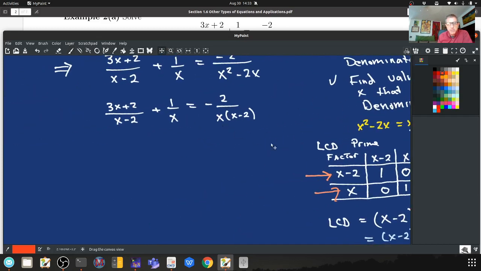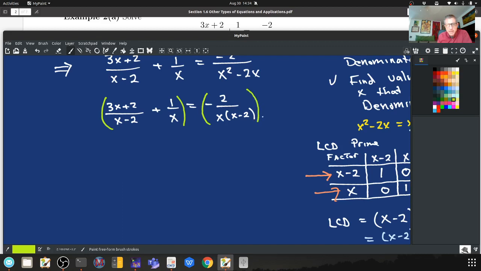So what we're going to do here is multiply the entirety of both sides by that LCD. So you have to enclose, especially on the left-hand side, the entire thing in parentheses.